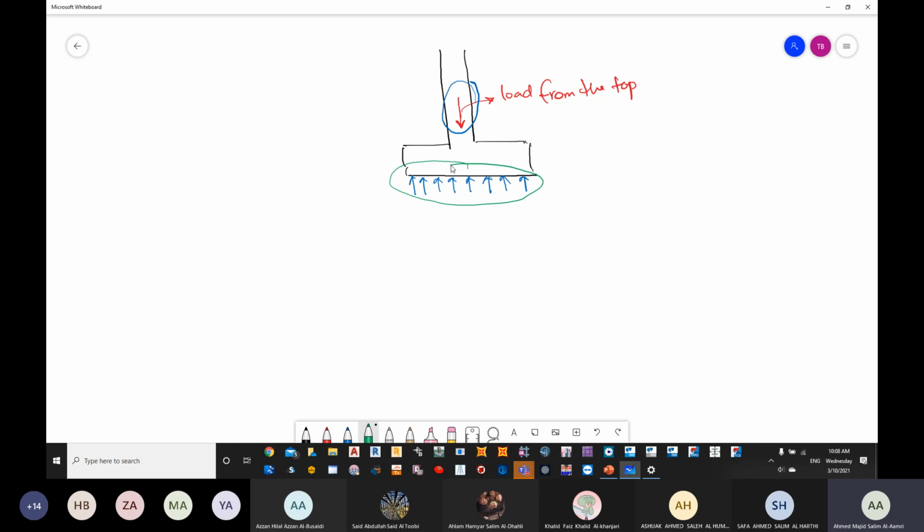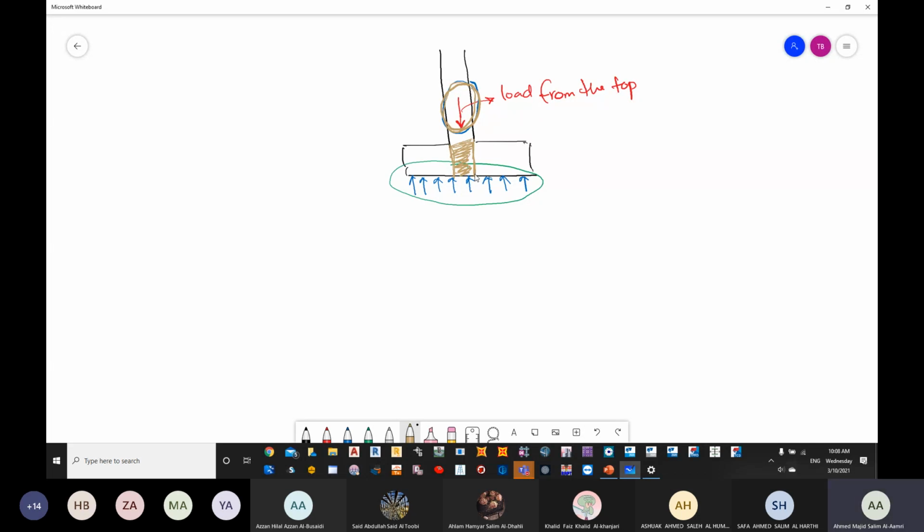Now you can see in this location, this particular element will not bend. Why? Because we have a lot of concentration of the load coming from the top, and there is the loading from the bottom.